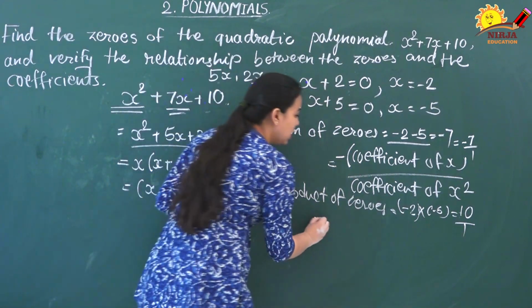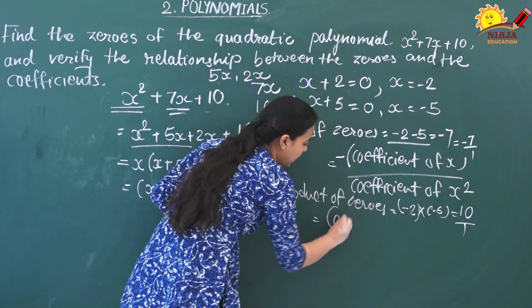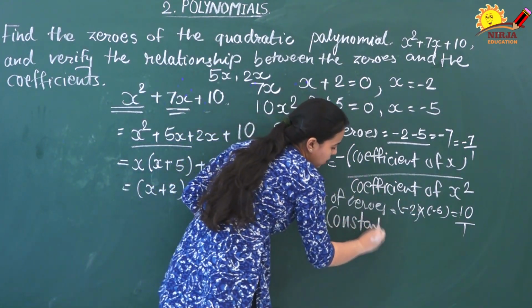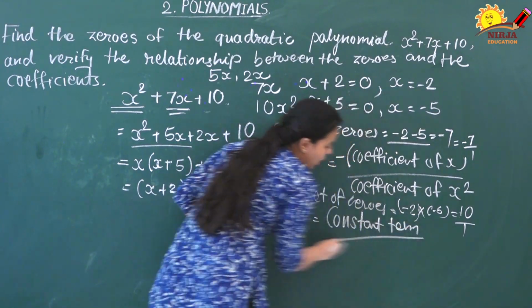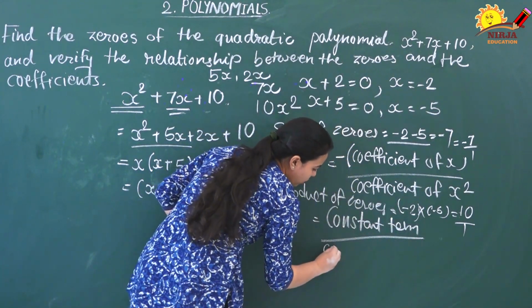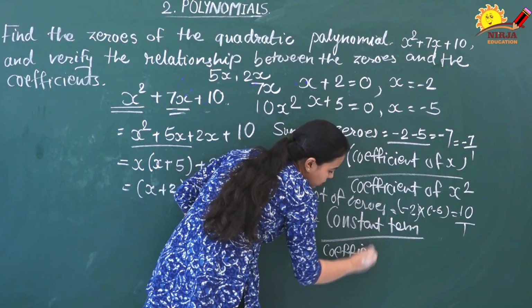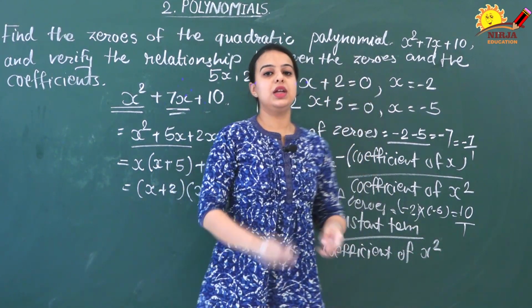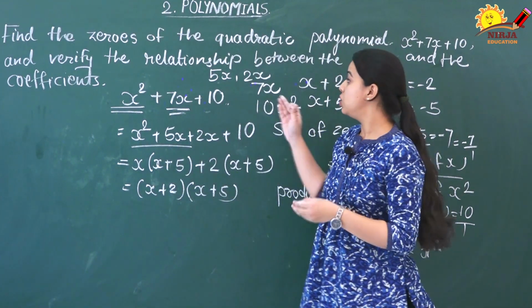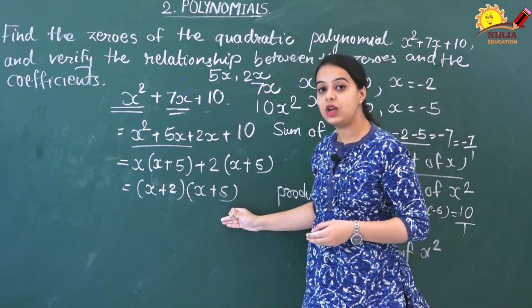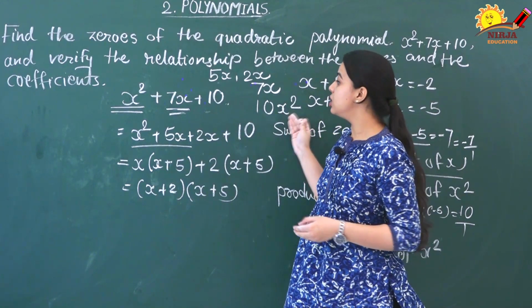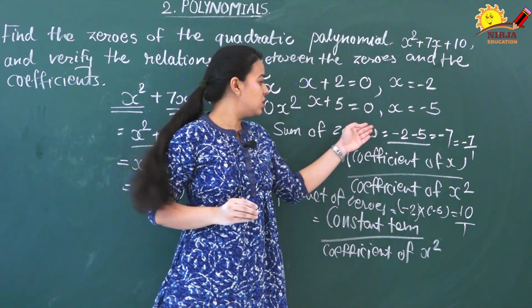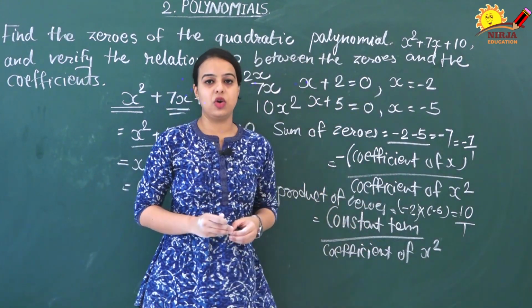So we can write it like this: constant term upon the coefficient of x square. So my dear student, this way you can find zeros of any quadratic polynomial, and also you can verify the relationship between their zeros and coefficients.